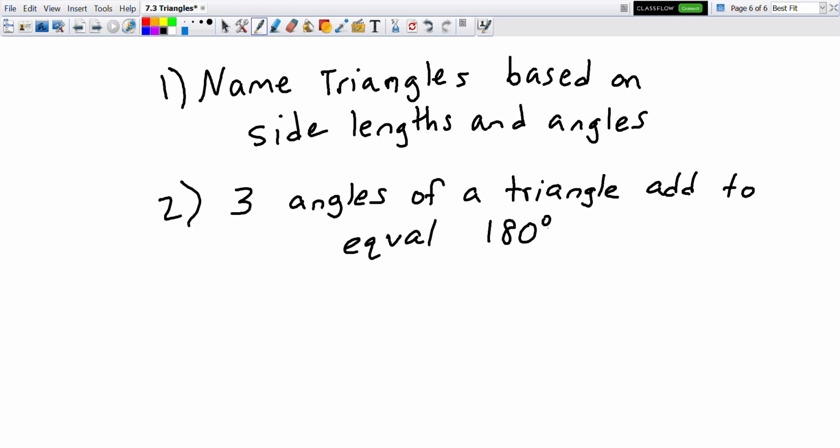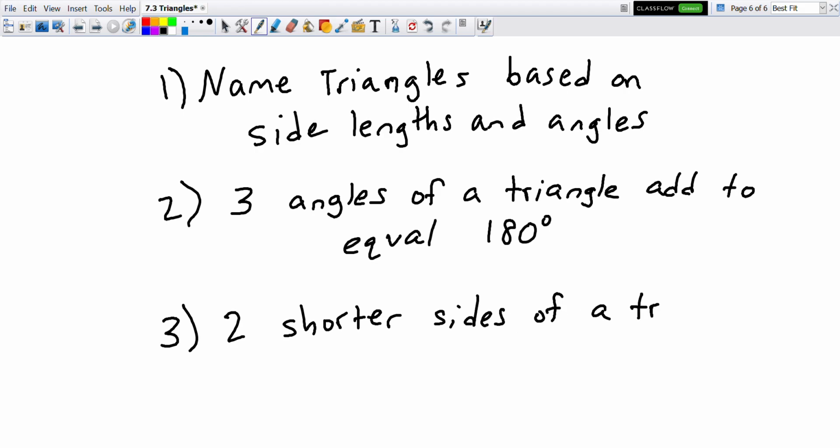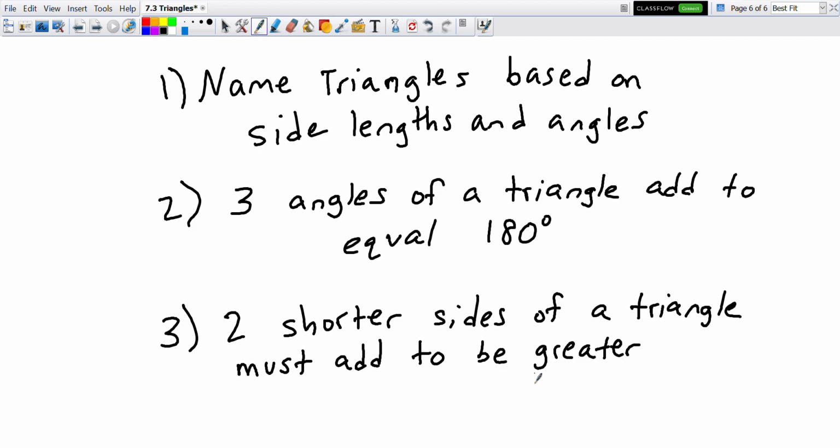No matter what the 3 angles are of the triangle, they always add to be 180 degrees. And the third thing was that the two shorter sides of a triangle must add to be greater than the third side. Right? Otherwise, the two shorter ends will never meet to form the triangle.